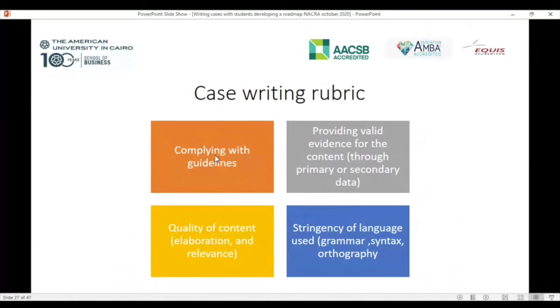Also, we have a case writing rubric in advance, which includes complying with guidelines, providing valid evidence, quality of content, stringency of language, and so on. All of the rubrics are done on a Likert scale, from 1, which is poor, to 5, which is outstanding.